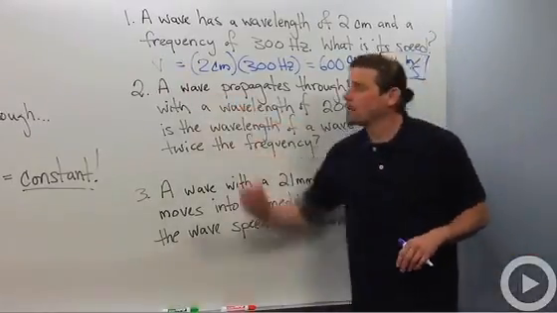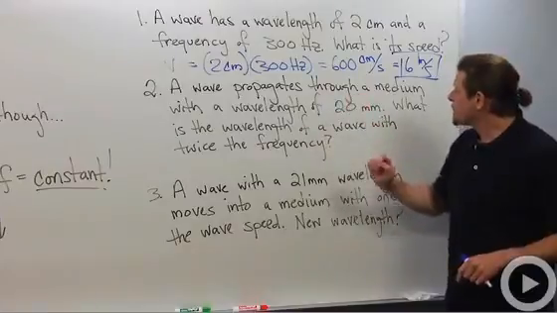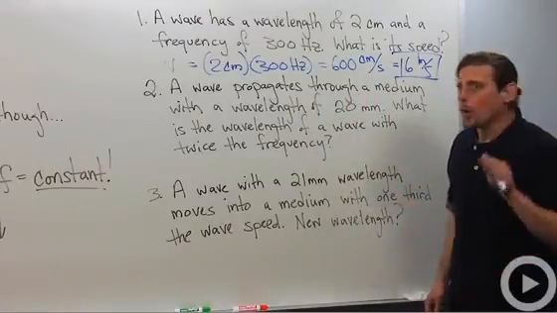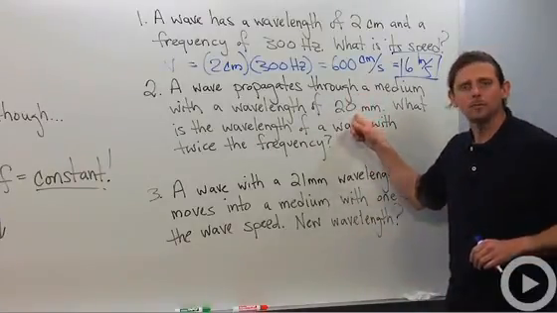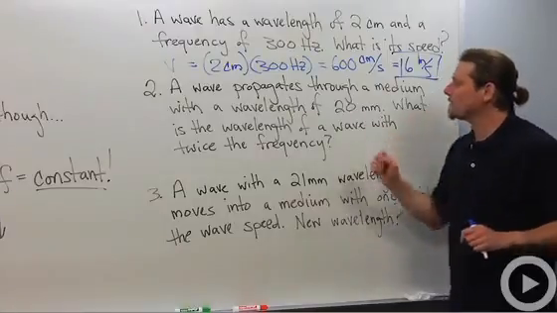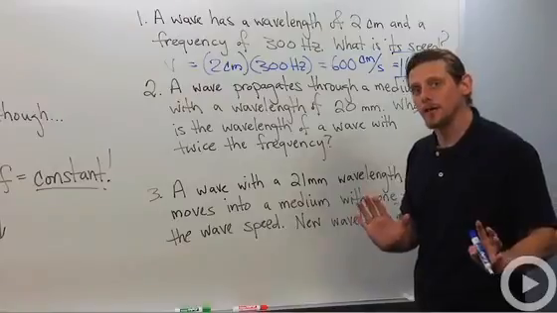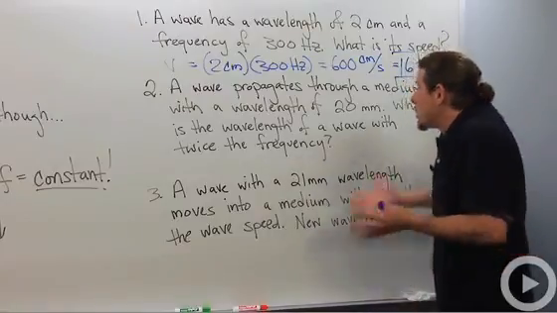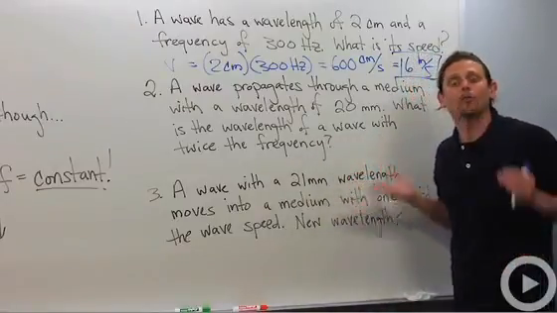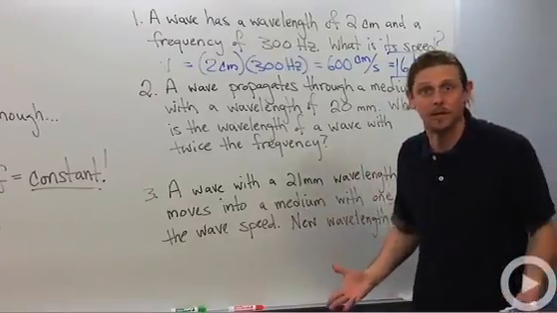All right, problem 2. A wave propagates through a medium with a wavelength of 20 millimeters. Now I want to know, what's the wavelength of a wave that has twice the frequency? I don't know what the speed is here, so I can't get the frequency.